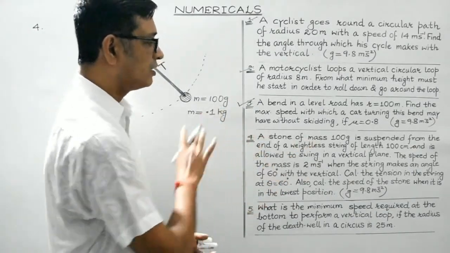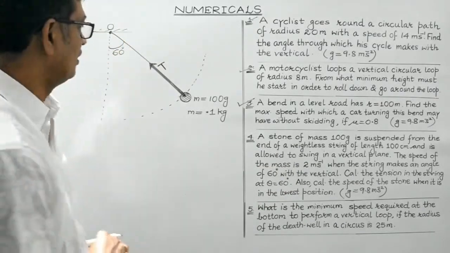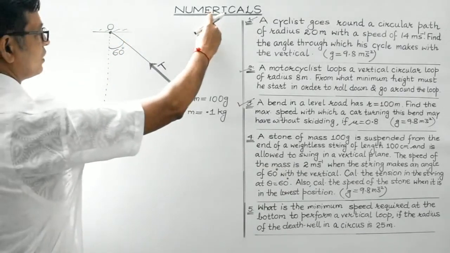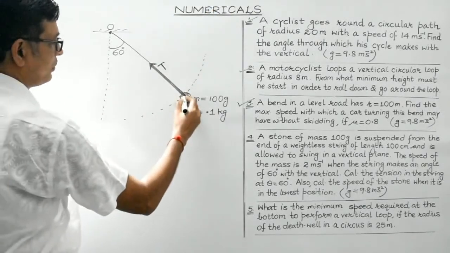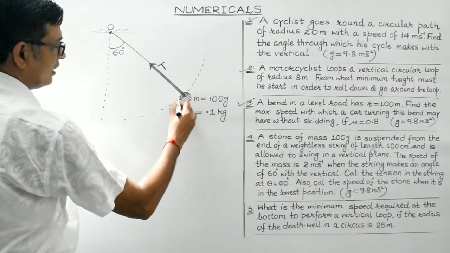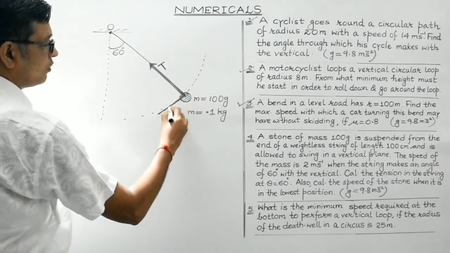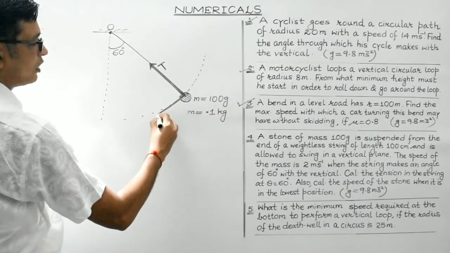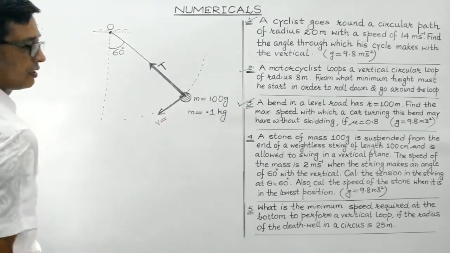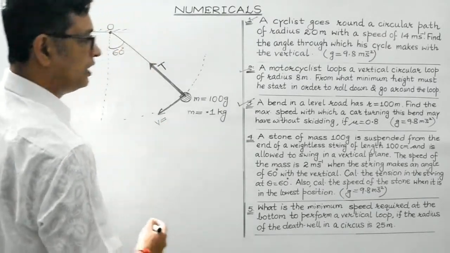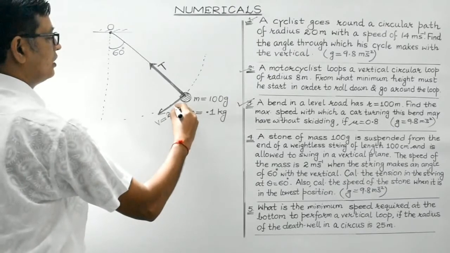The speed of the mass is 2 meter per second when the string makes an angle of 60 degree with the vertical. So the string is released from this position, and when it comes down in this direction, at any instant when a body moves along a curved path, the direction of its velocity is given by drawing a tangent at that particular point. So this velocity is given to be 2 meter per second.